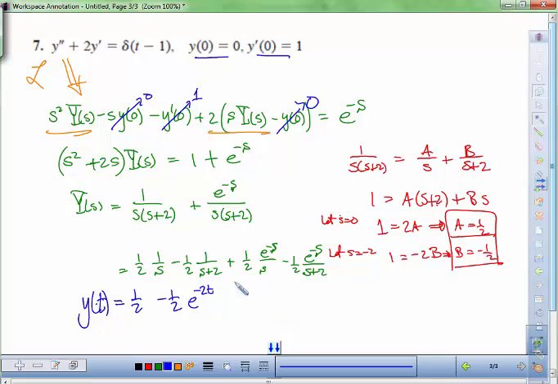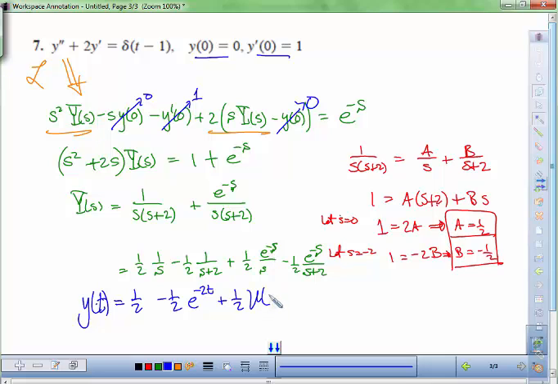Okay. Now, there's a shift over here, so the 1/2 is constant. We'll leave that out. What's the shift here? This is 1 over s times e to the negative s. So it's a 1 shift, right?